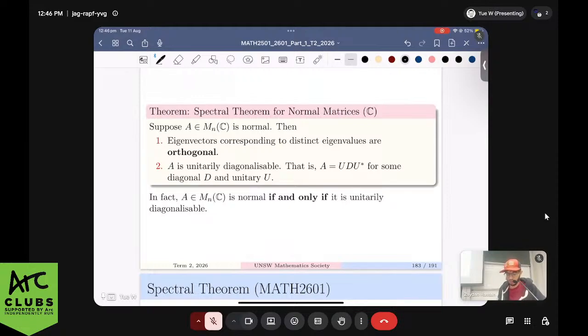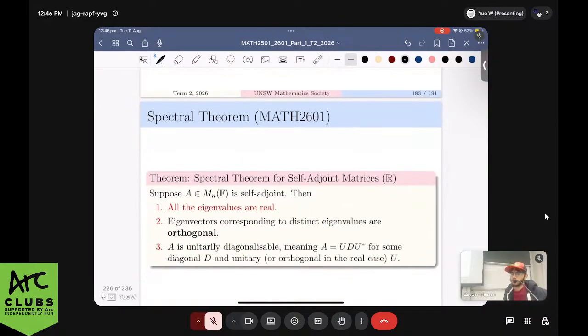U D U inverse, where U is unitary, which means U inverse is U star. So you can say U D U star. This is actually equivalent. If you have a normal matrix over C, then that's equivalent to saying it's unitarily diagonalizable. There's also a spectral theorem over R for self-adjoint matrices, or you can say real symmetric matrices, because that's essentially the same thing.